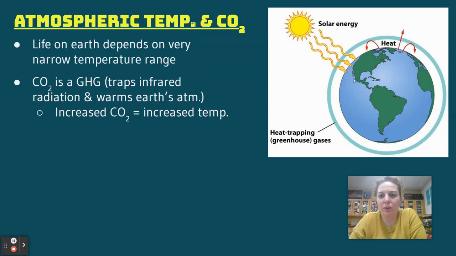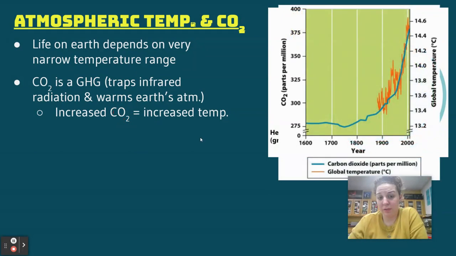So we receive solar energy, and then the Earth itself releases infrared radiation, which actually causes the warmth. And we've got that little blanket of our greenhouse gases all around Earth. You can see some of that heat gets to escape, but quite a bit of it gets trapped here and sent back to Earth. So increased carbon dioxide results in higher temperatures.